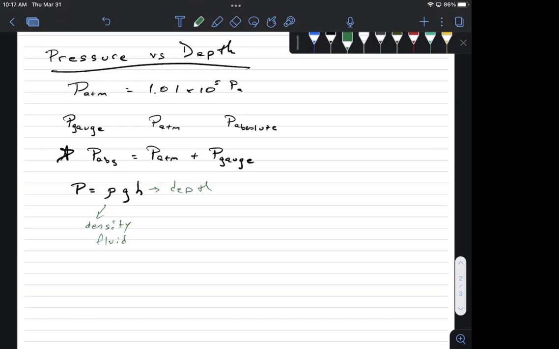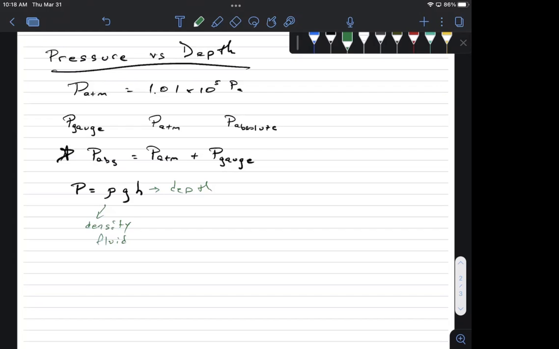And then this is gauge pressure. Because if you think about it, if this is the equation and you're a scuba diver, and I ask, well, if this is the equation, how much pressure do you feel before you even get into the water? Well, that would mean you're at a depth of 0. You haven't gotten in the water yet. And so this equation would tell you you're at 0 pressure. But you know you're not at 0 pressure.